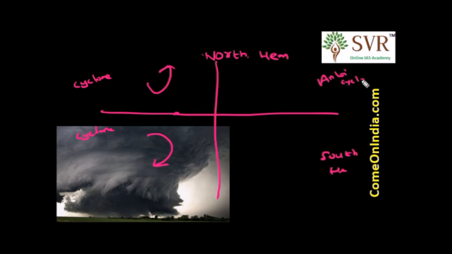Opposite is true for anticyclones. That means anticyclones flow clockwise in the northern hemisphere and anti-clockwise in the southern hemisphere.